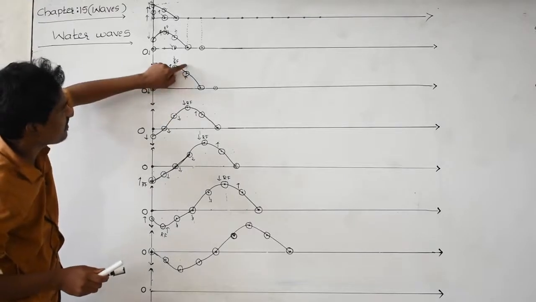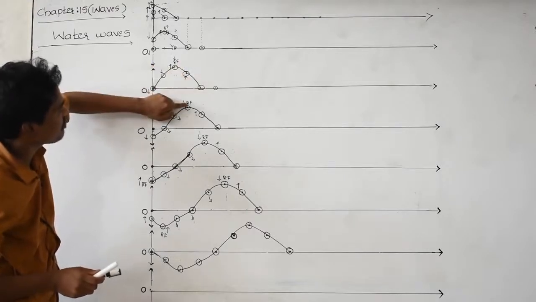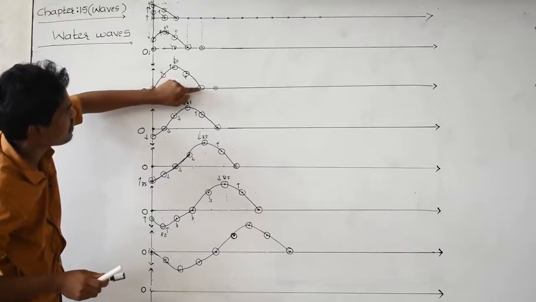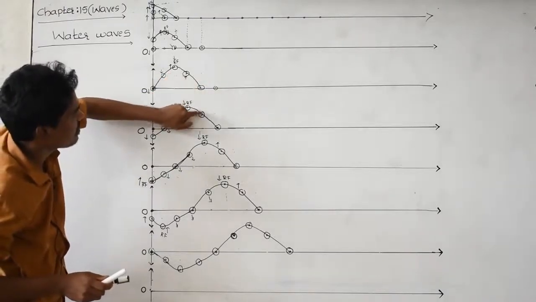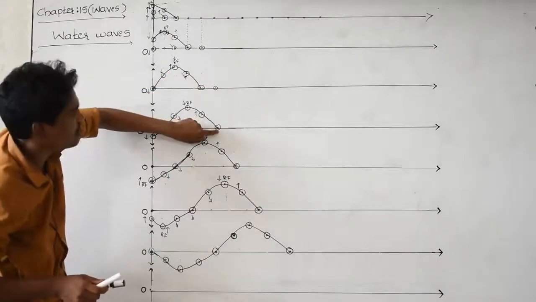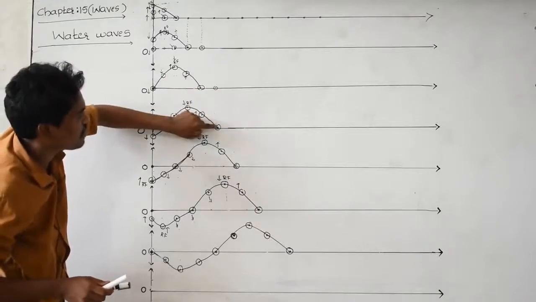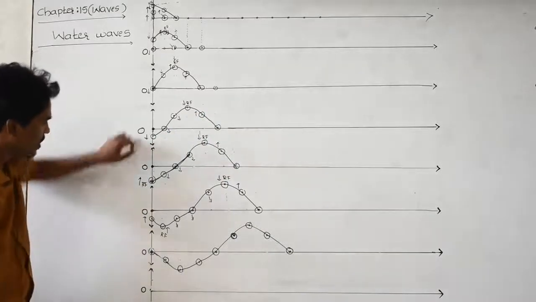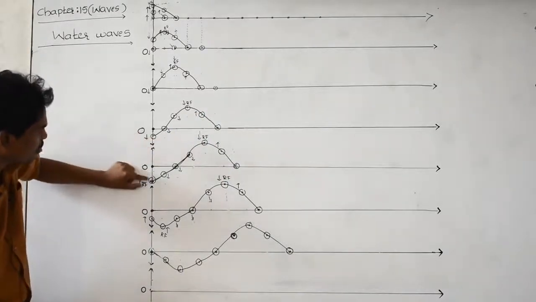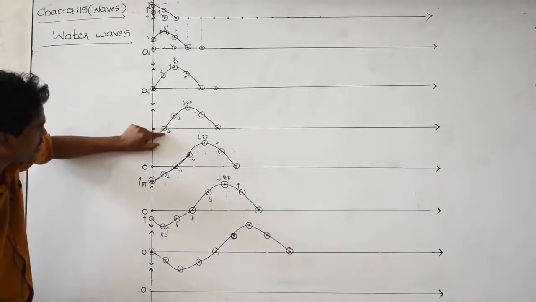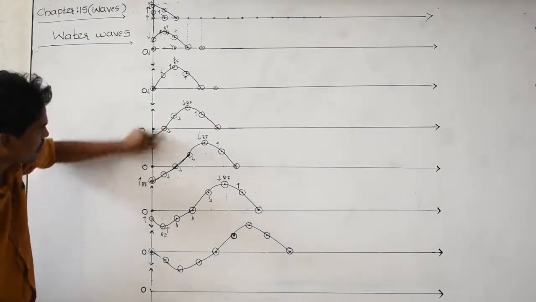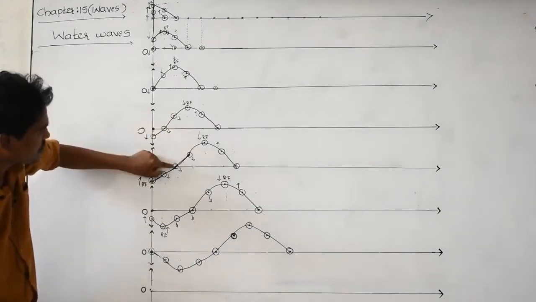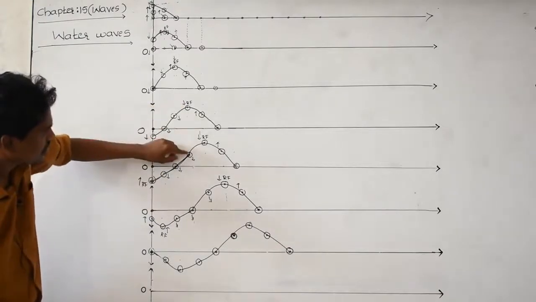And it is rising here, from here to here, because of its disturbance it has risen. And this particle is still at rest because its disturbance has not reached, that's why it is at rest. This is the nature. It is moving from here to here, coming to the rest point, coming down, and going up.